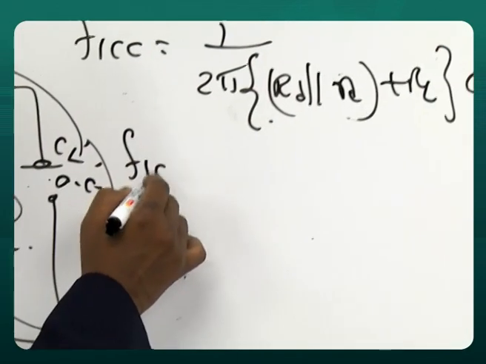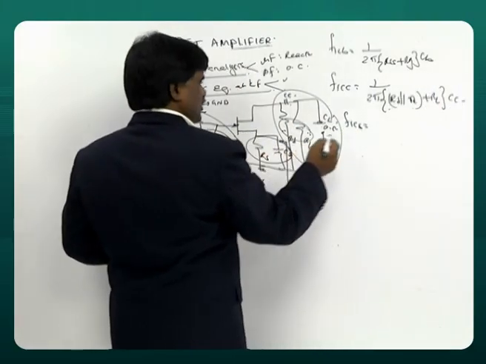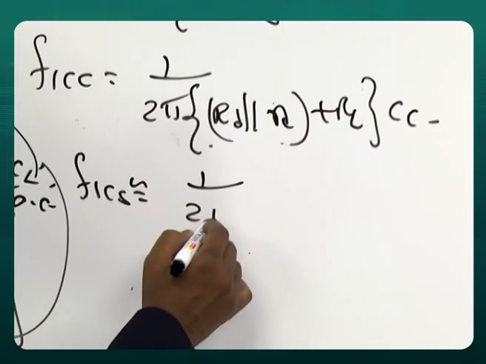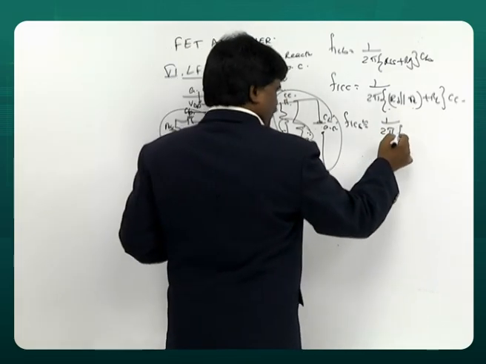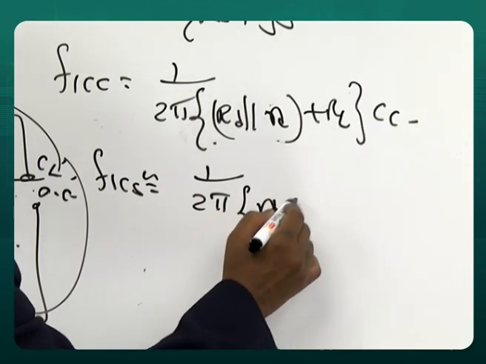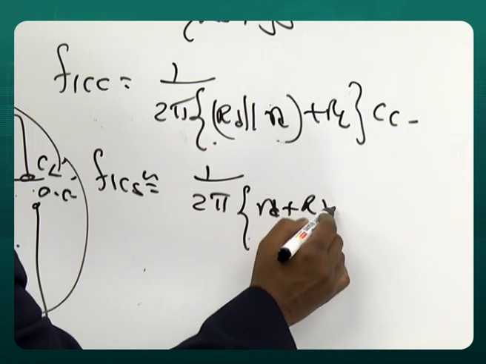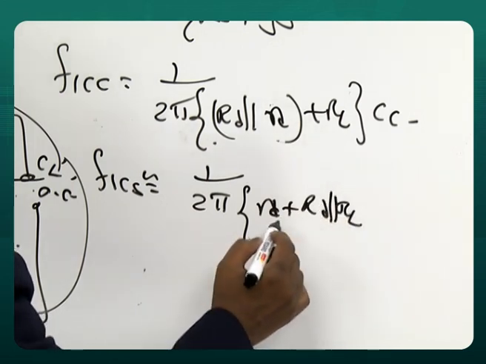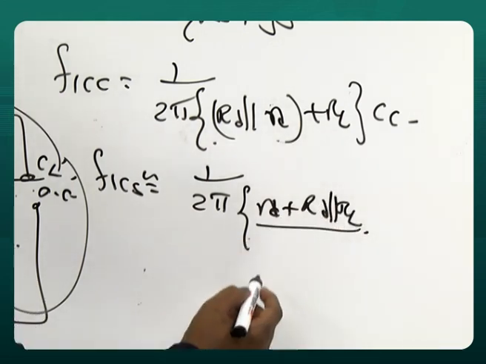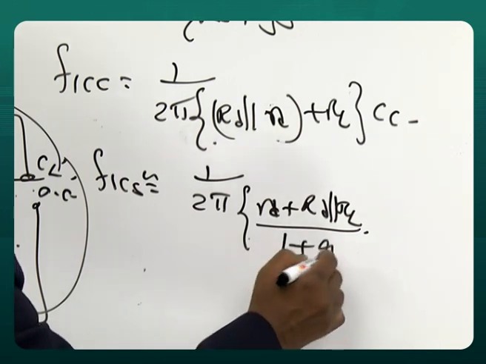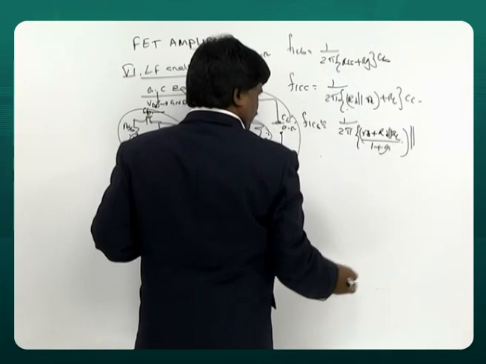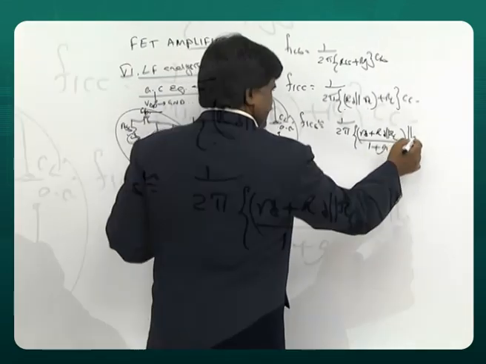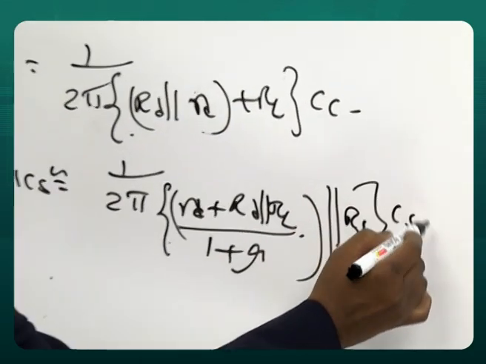Then what about the last one? F1 due to CS is approximately 1 by 2 pi, small rd plus capital RD parallel RL, by 1 plus mu, parallel RS, into CS.